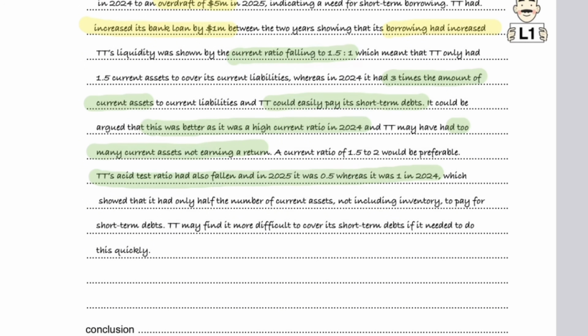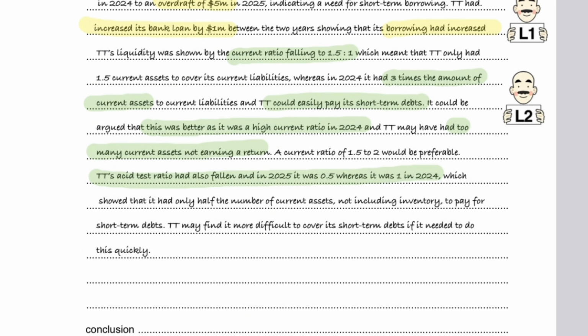Let me show you. The candidate here has clearly correctly calculated the current assets, and the new number is 1.5. And in the explanation, they said that in 2024, it had 3 times the amount of current assets, meaning it was 3 to 1. So by this calculation through an explanation, this is the first level 2 mark.